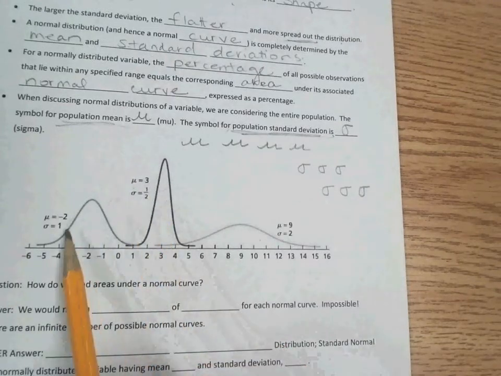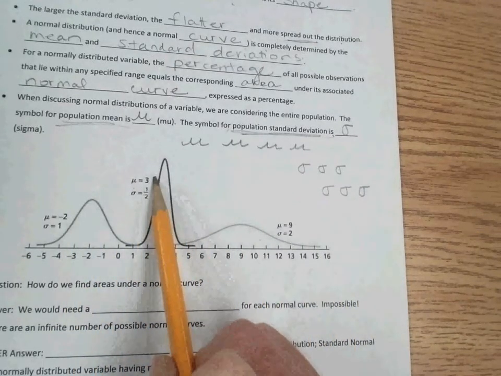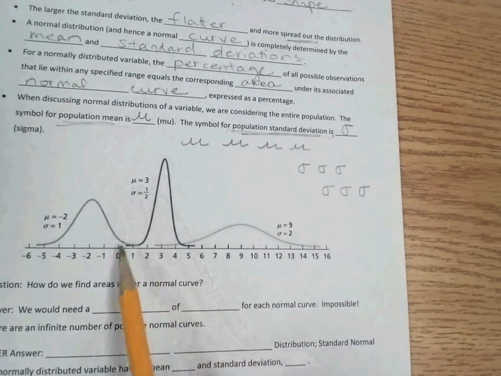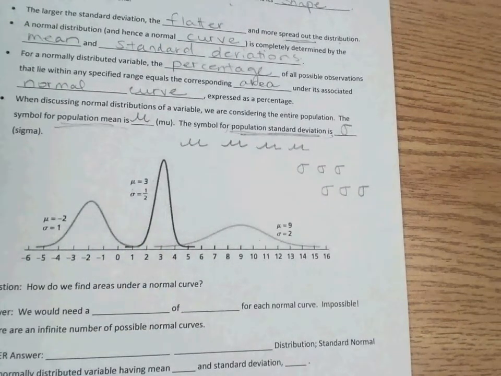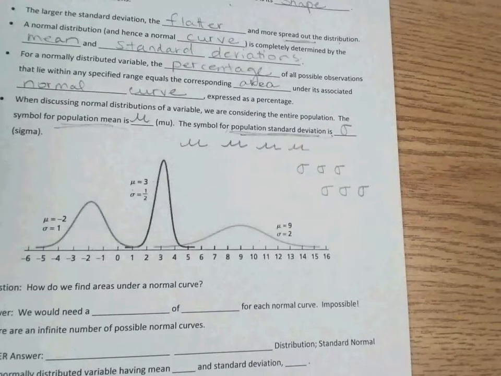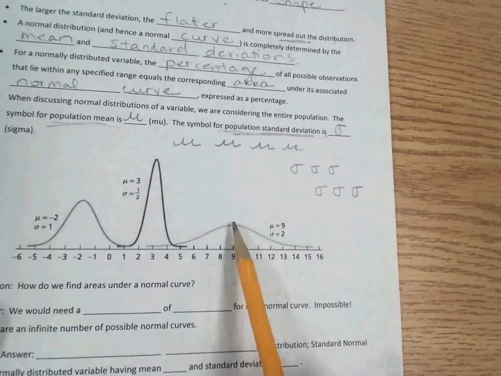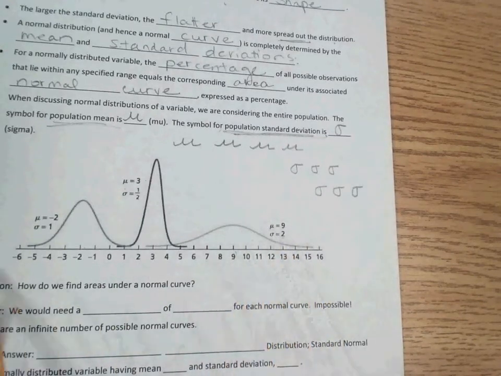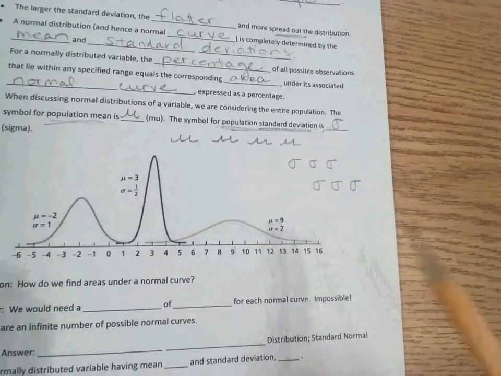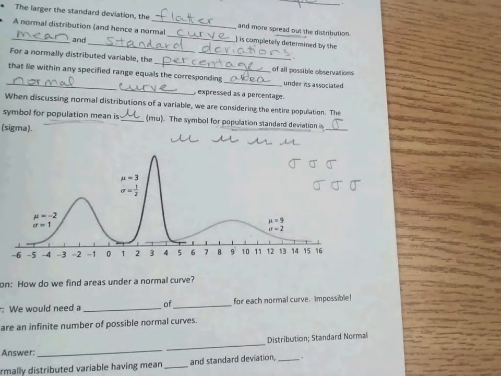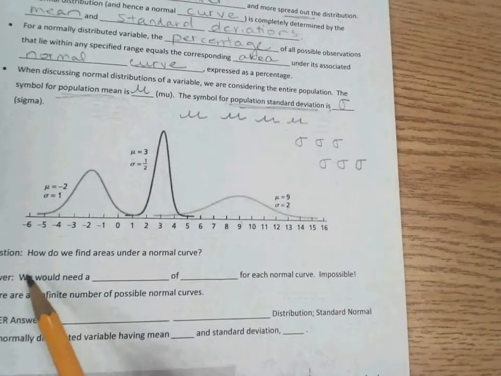Then when the mean changes, it just shifts along the x-axis to 3 in the center, but the standard deviation of 1/2 is what pushes it up and brings it in, because it's a smaller standard deviation, so there's less variation within the data points from that random variable. And then with the mean of 9, it shifts along the x-axis, but the standard deviation of 2 spreads it out, because that data is more spread out.